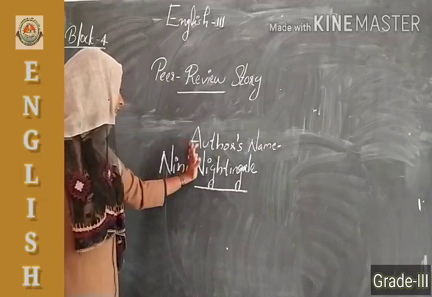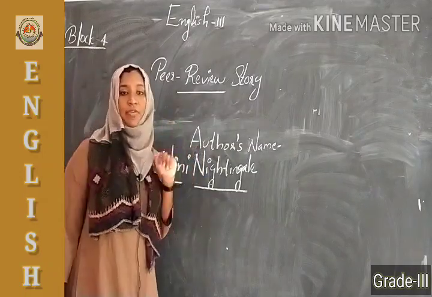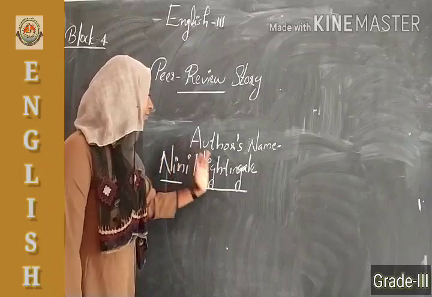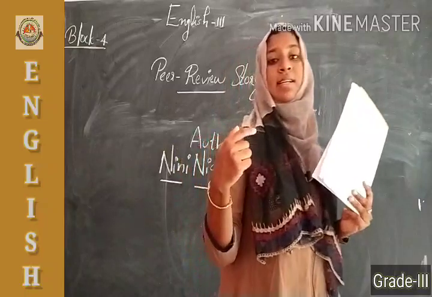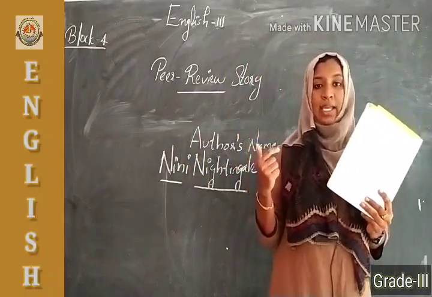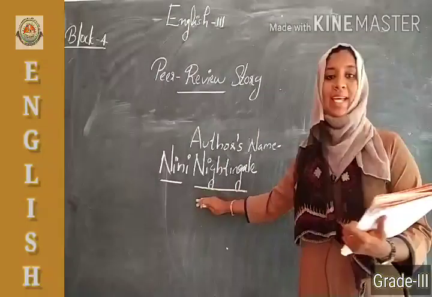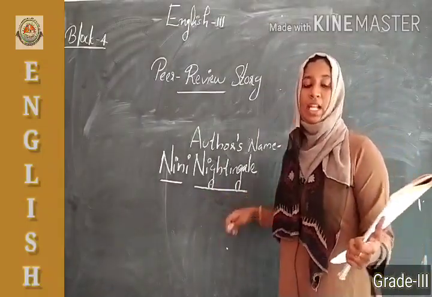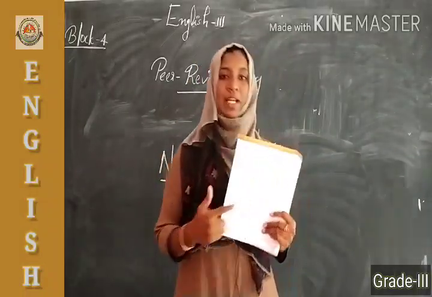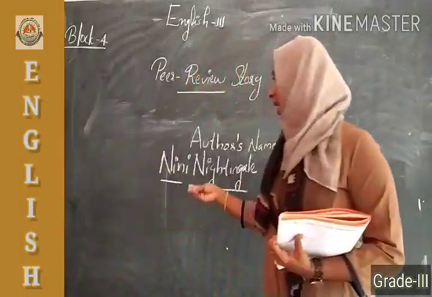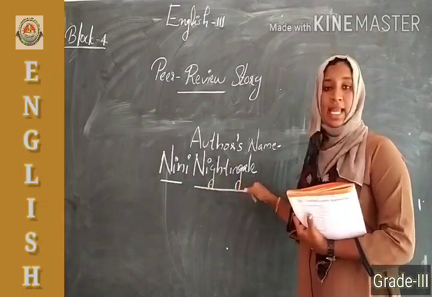Here if we take Nini only, we will get the name of a girl, but together with Nini Nightingale we can assume that the girl sings very well. Is it clear? Okay, so my character is Nini Nightingale. So I mark yes in this column and here, the name of the character, I write my character's name. Who's my character? Yes, Nini Nightingale.